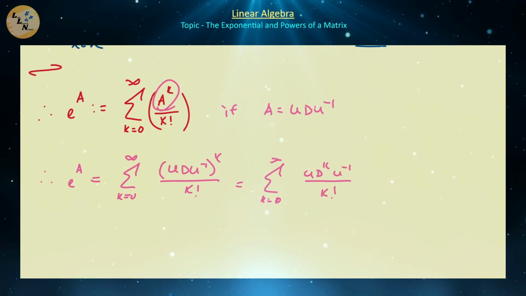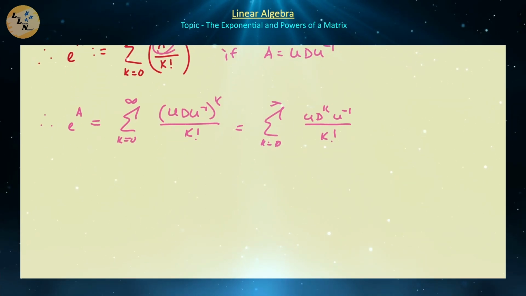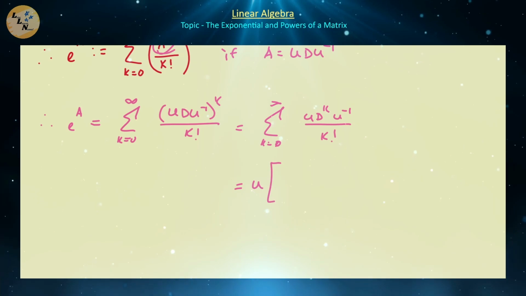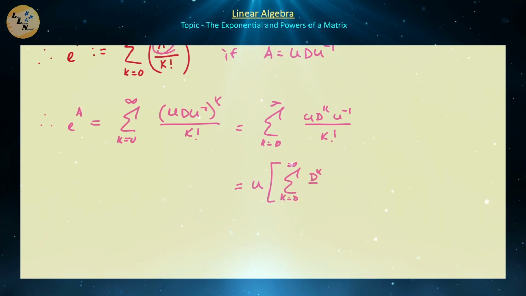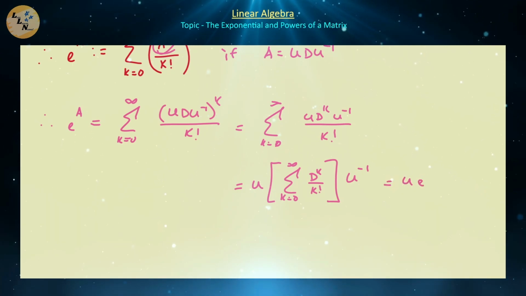Notice that U and U inverse do not depend on k, so I can factor them out of the left and the right and write this as U times the matrix, the sum from k equals 0 to infinity of D to the k all over k factorial, times U inverse on the right hand side, which is just the definition of U e to the power of D times U inverse.